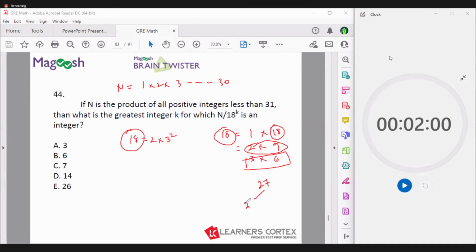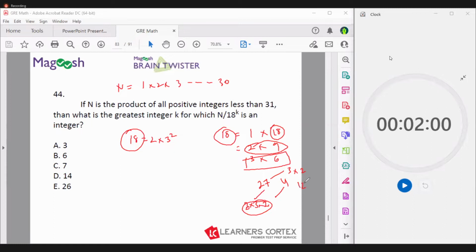You can take out a 3 here, and let's take 4. You can also take a 2 from here to make 18, then one 3 will be left here and one 2 will be left. Then the next number you can pick is 8, but you also need another 3.